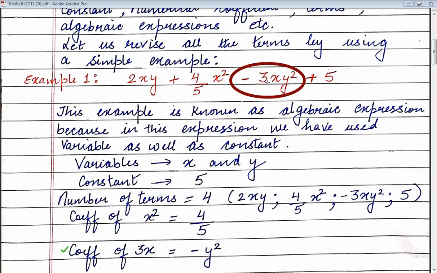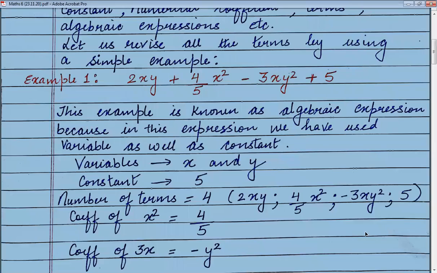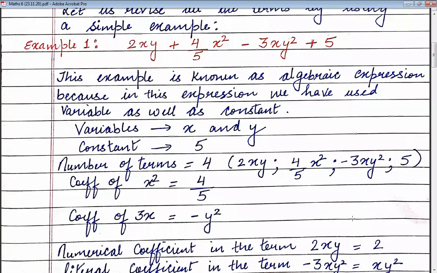So what is the coefficient of 3x in this term? It is minus y square. Not y square, it is minus y square. So I think you are clear with the coefficients.